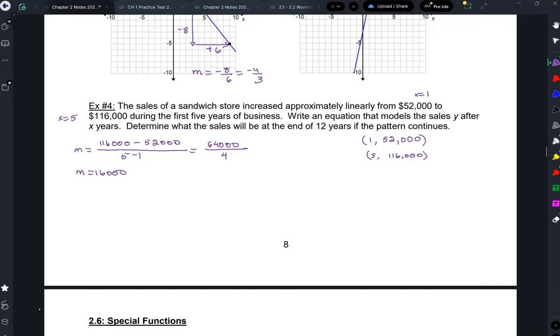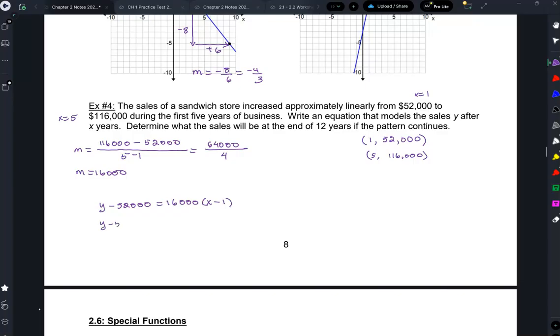Okay. Now, let's write an equation of the line. Y minus 52,000 is equal to 16,000 times x minus 1. Right?